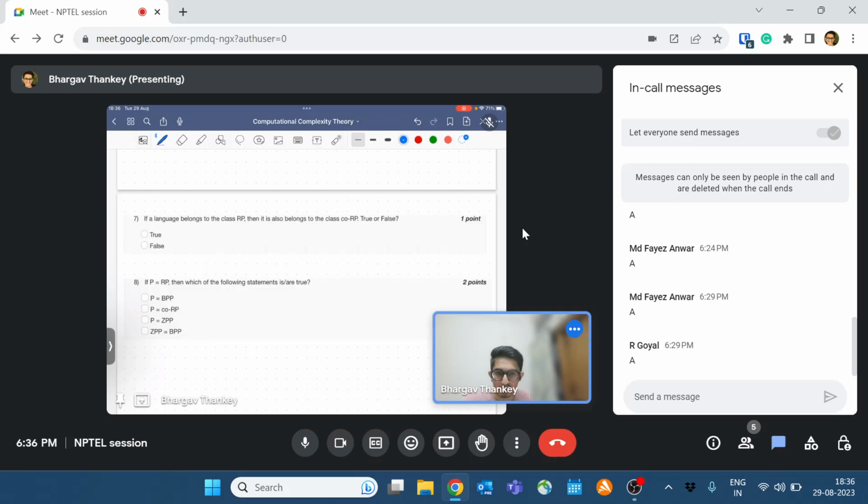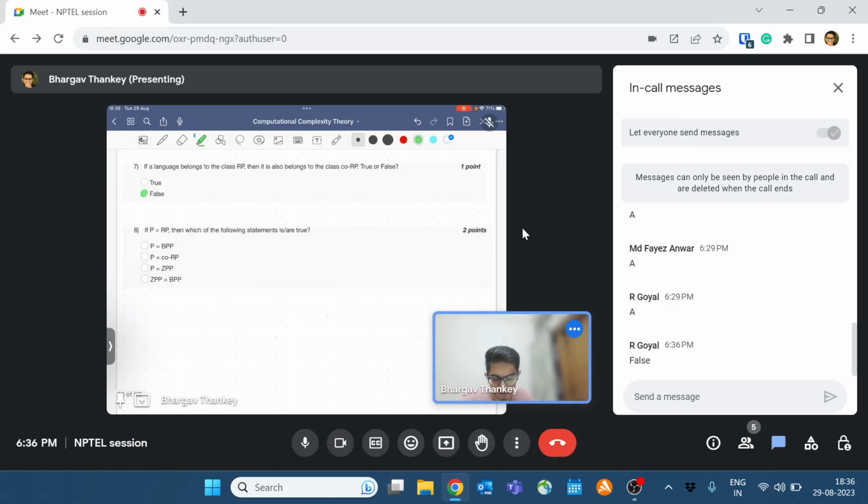So which of these is true as per current knowledge? As per current knowledge, we don't know whether this is true or not.